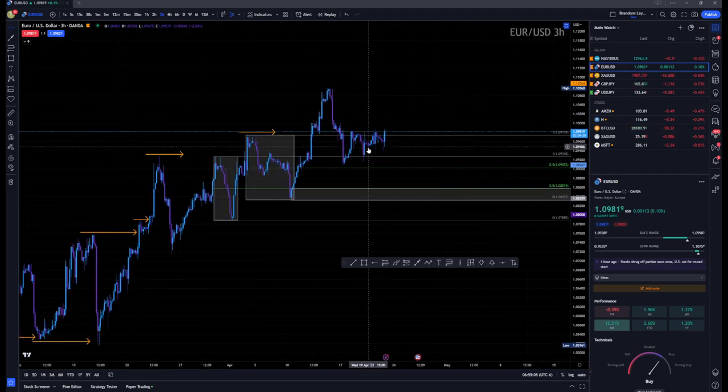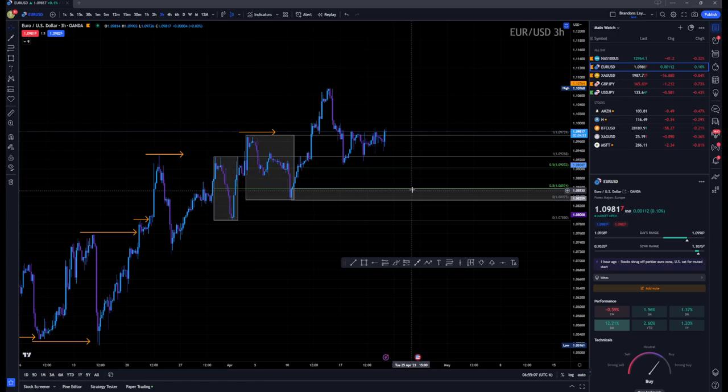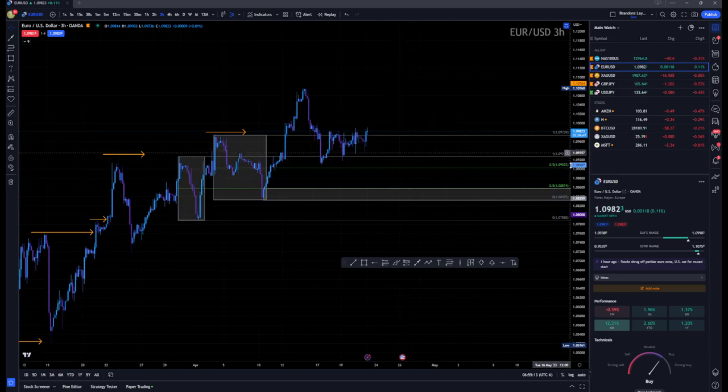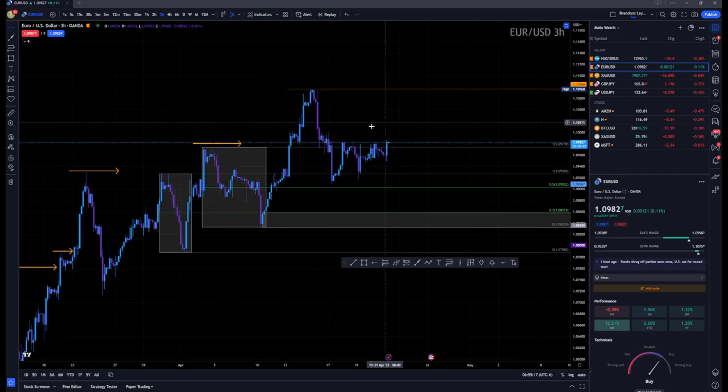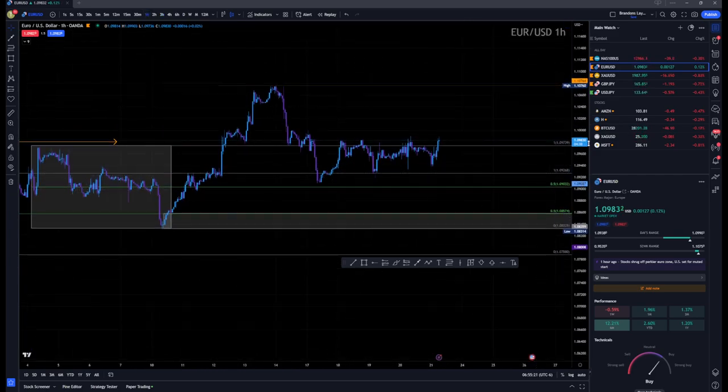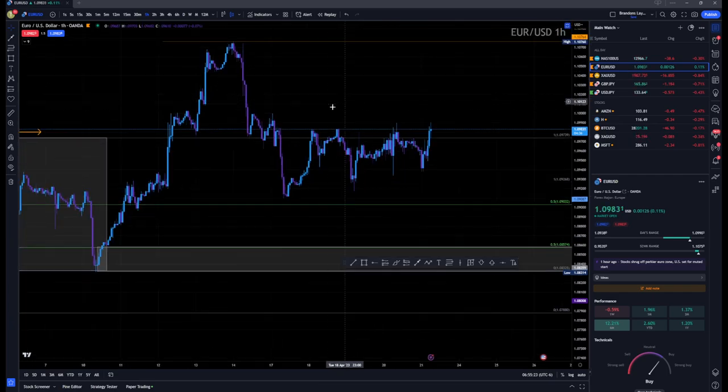Ultimately, we want to see price continue down to $1.08, 58 pips. That's ultimately what we want to see before we start looking for buys. Unless we go down and we want to do some more lower time frame trading, right?